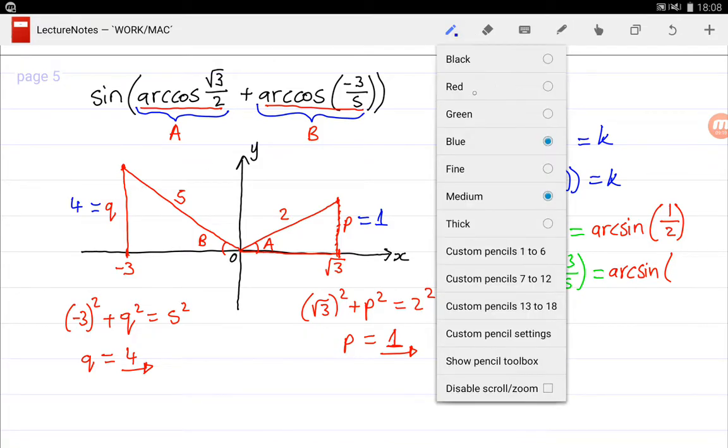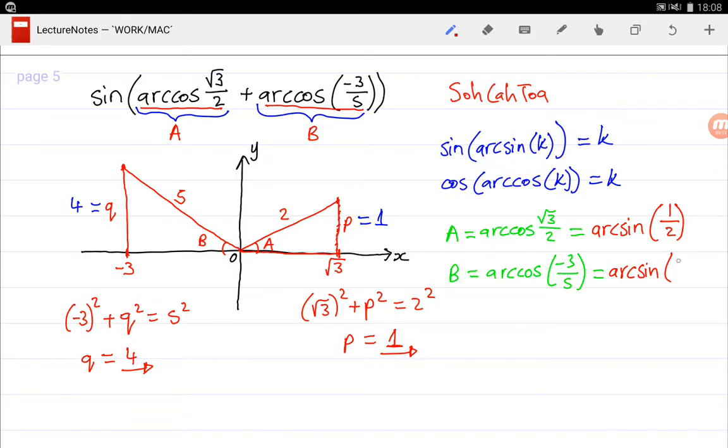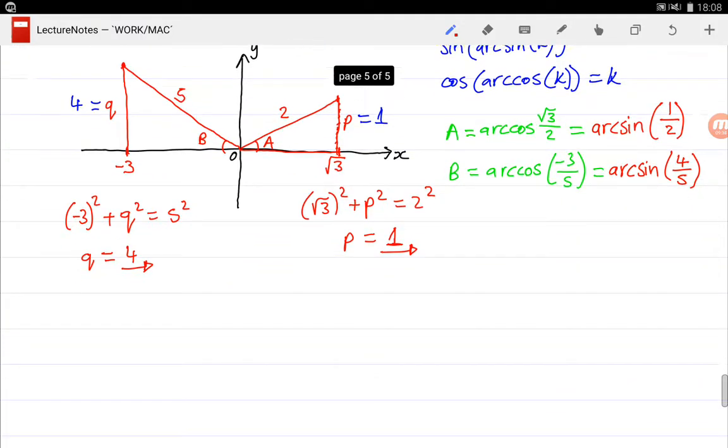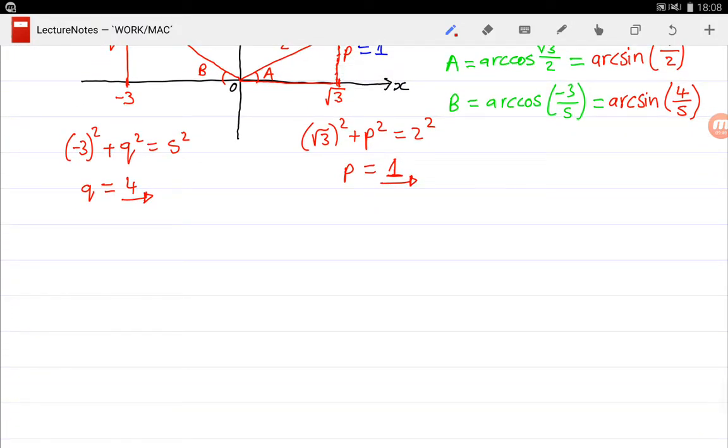So it's going to be 4 over 5, the opposite over the hypotenuse. And we have expressions for A and B. Now we're going to use these expressions first, and then we're going to try to simplify the expression to something with no arc cosines and arc sines and whatnot. It's just going to be made out of numbers, because that's what the people who asked the question want.